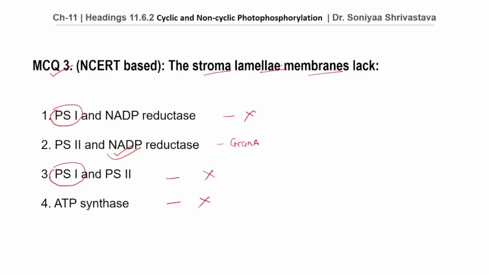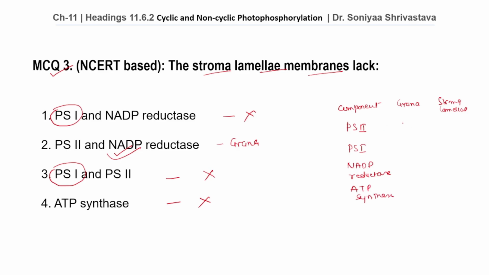Student, there is a quick memory table by which you can remember everything easily: component, grana and stroma lamellae. Components are PS2, PS1, NADP reductase and ATP synthase.